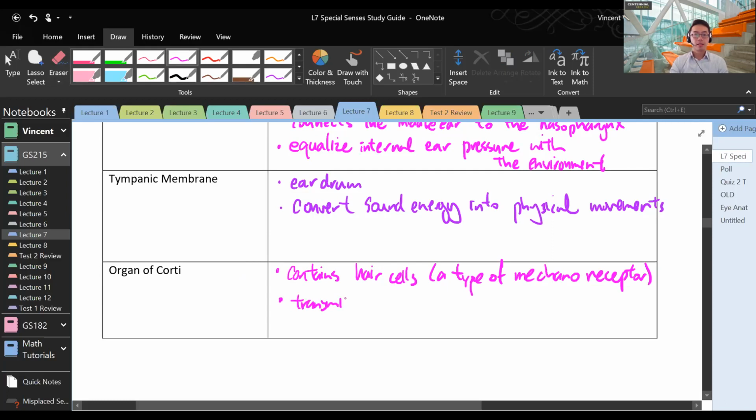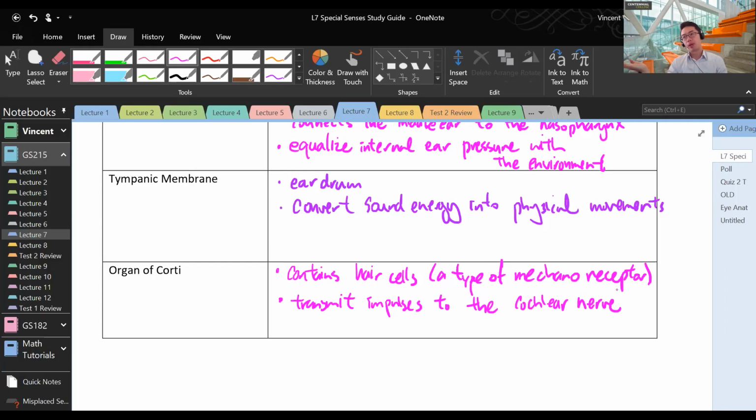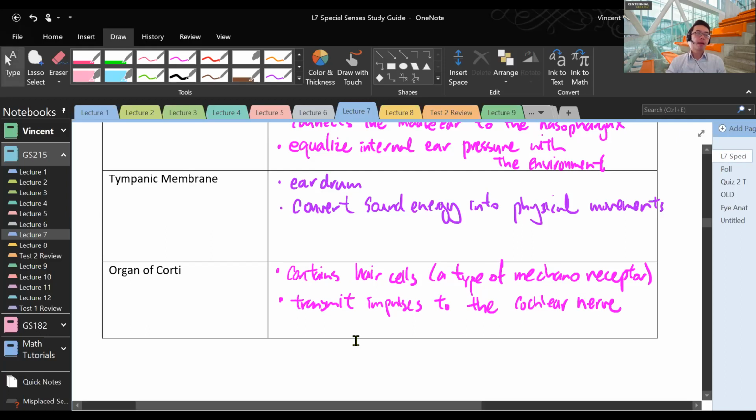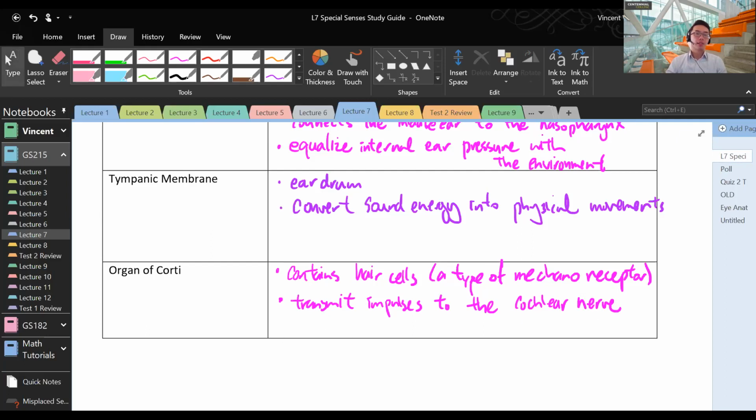They transmit impulses to the cochlear nerve, which then takes the information to the brain. If it's related to sound, it's going to be taken to the temporal lobe.